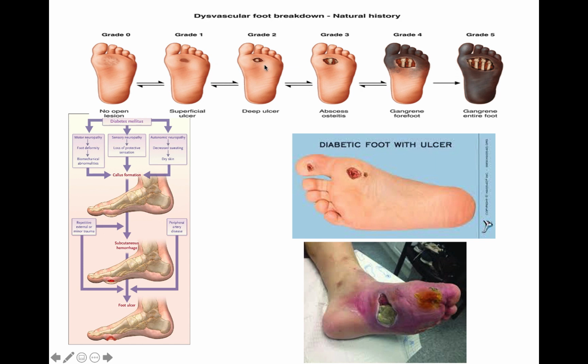Then you start seeing the underlying tissues and fascia, and then you will start seeing an abscess and osteitis. So now the ulcer, in grade 3, has been upgraded to the bone. Gangrenous forefoot: now the forefoot has gangrene. Grade 5 is the entire foot becoming gangrenous.